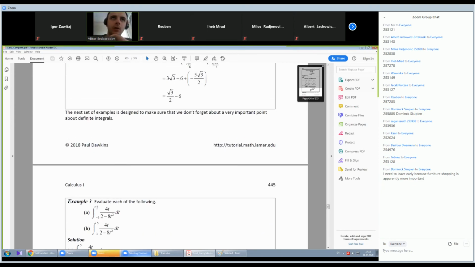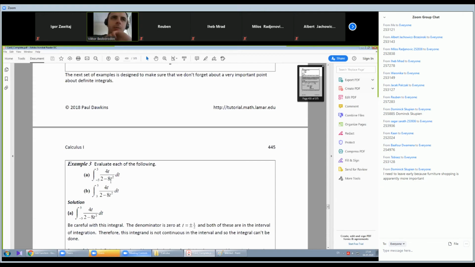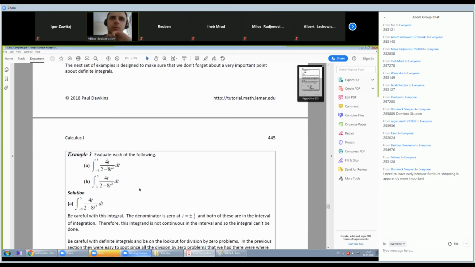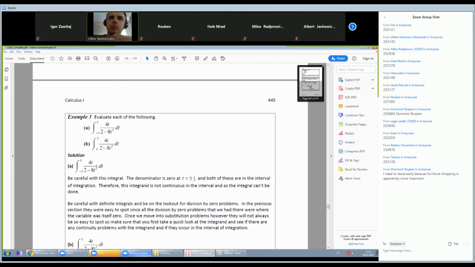Okay, so this one, yeah, this integral is not defined, right? Because you have this division by 0 problem.